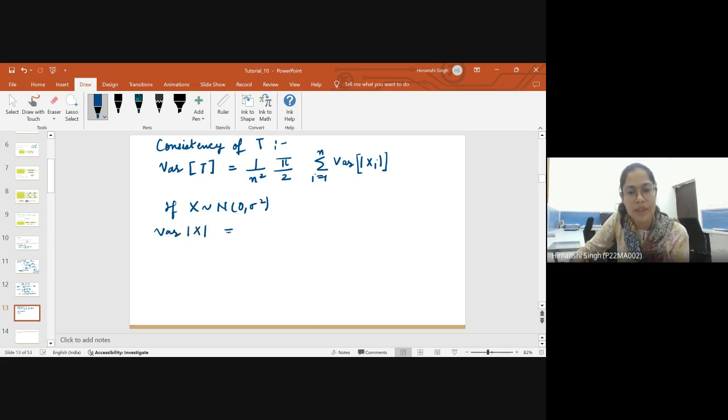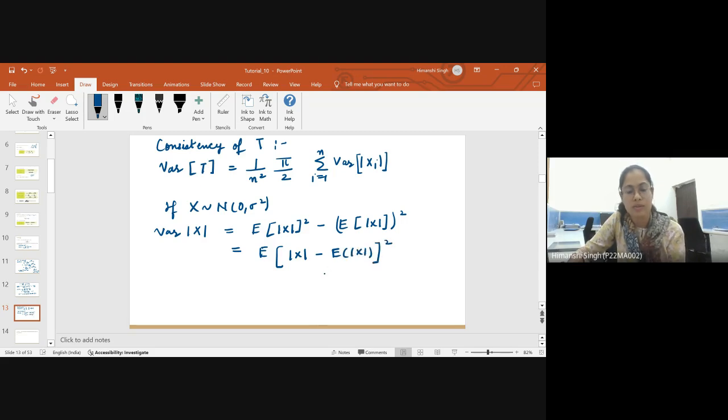So the variance of mod x will be the expected value of mod x square minus the expected value of mod x whole square. Okay, so I can write it as the expected value of mod x minus the expected value of mod x, whole square.